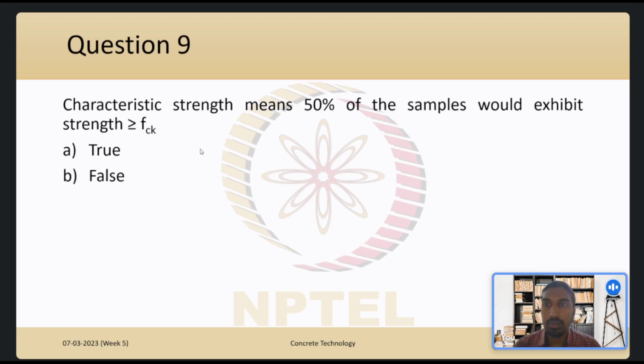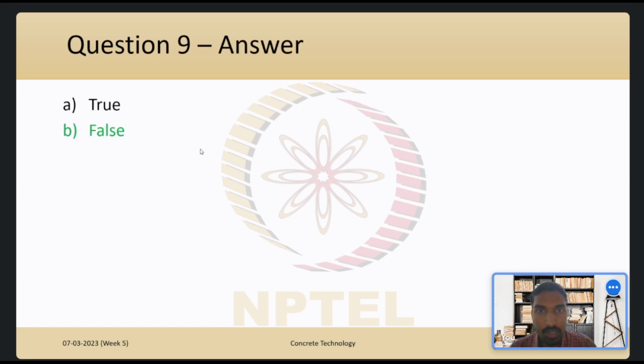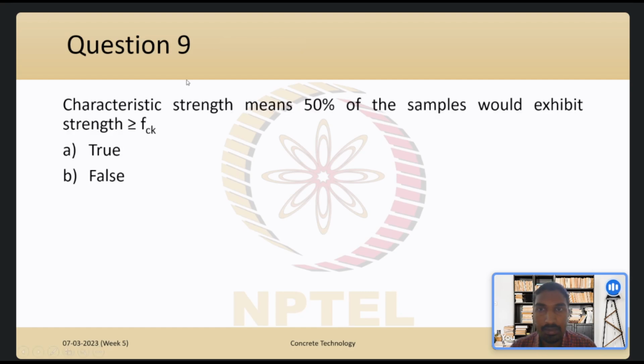Okay, so this is a false statement. Why? Because by definition, the characteristic strength is that value which is exceeded by 95% of the samples, right? So it is not 50%. It is 95% of the samples which would exhibit a strength that is greater than that value, FCK, right? So that is the characteristic strength value.